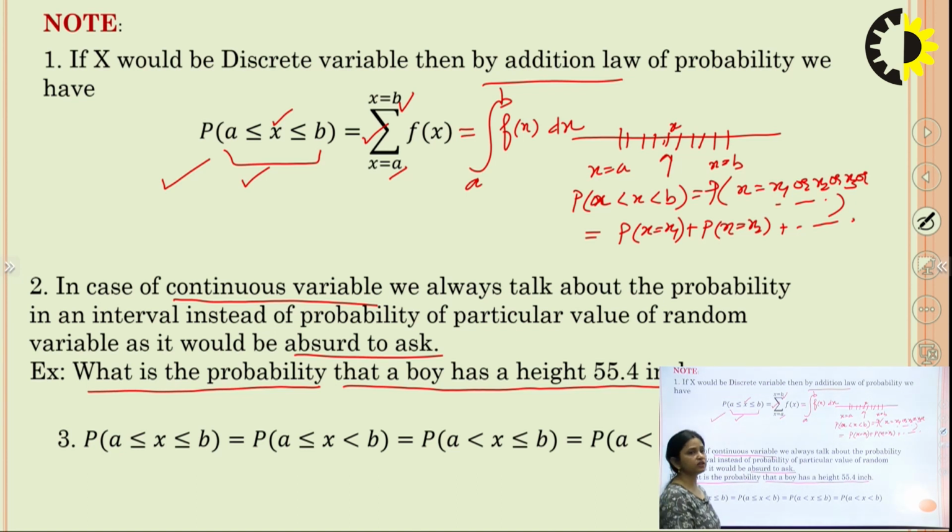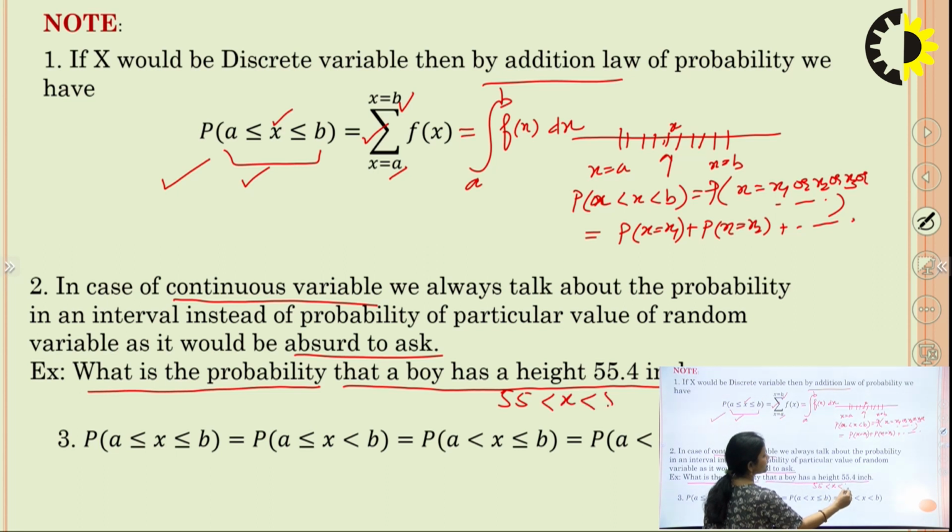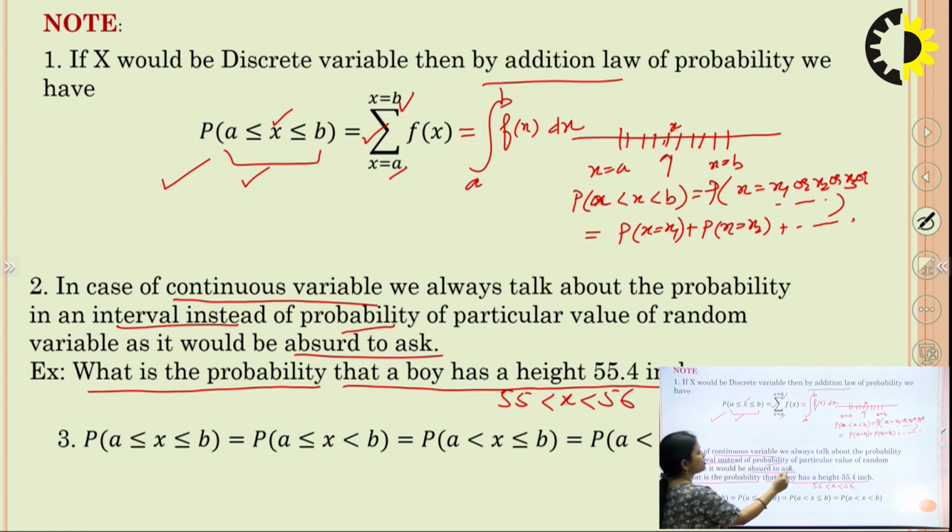It is very difficult to find a boy in your class that has a height of 55.4. Instead of it, we can find a boy who has a height in an interval 55 to 56. So from this example, you can understand that in case of continuous variable, we always talk about the probability in an interval instead of the probability of a particular value of the random variable.